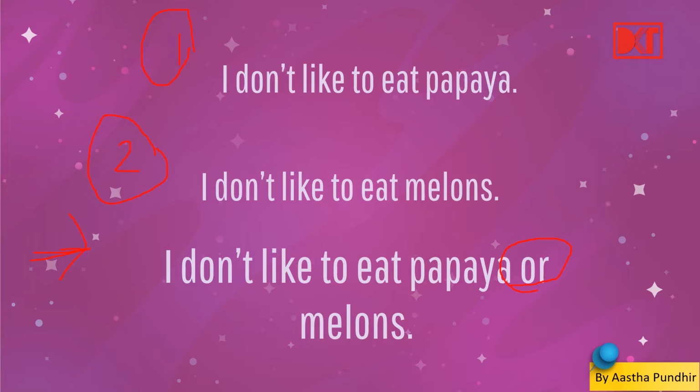So what did the word or do here? It joined both of these sentences. Join कर दिया और meaning भी provide कर दिया. Meaningful sentence बना ना ये. I don't like to eat papaya or melons, right?